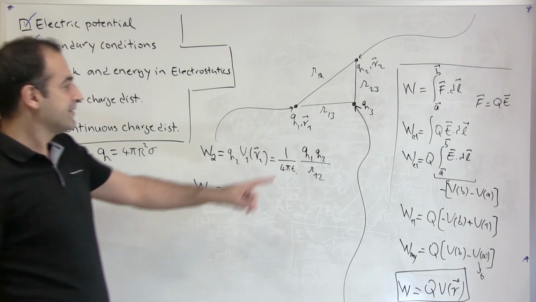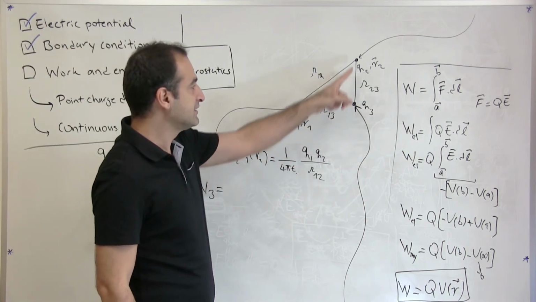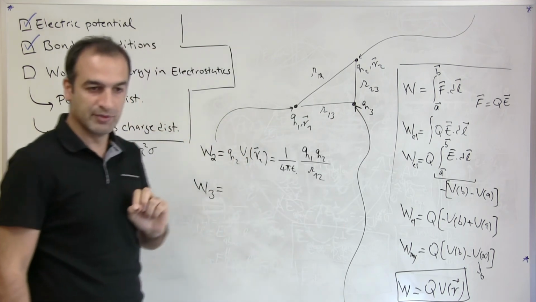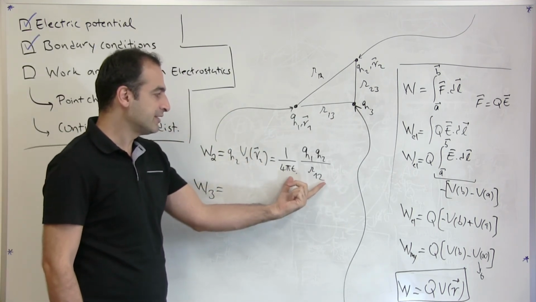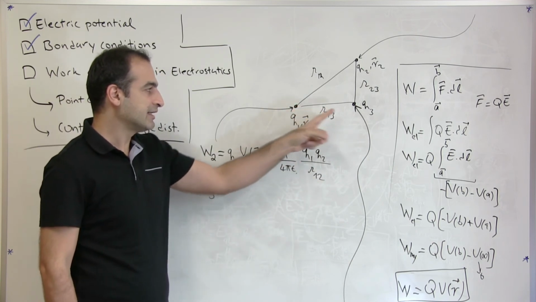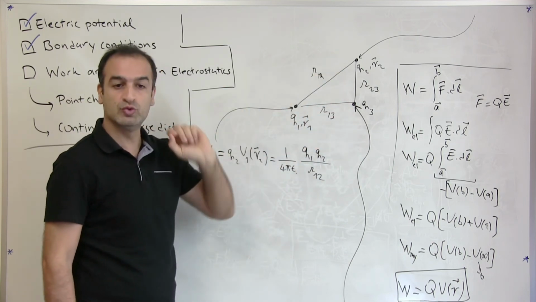The thing is that when we are bringing number 3, we are interacting with 2 other charges, not 1 more. So we're going to have 2 terms like this: Q3 interacting with number 1 and Q3 interacting with number 2.